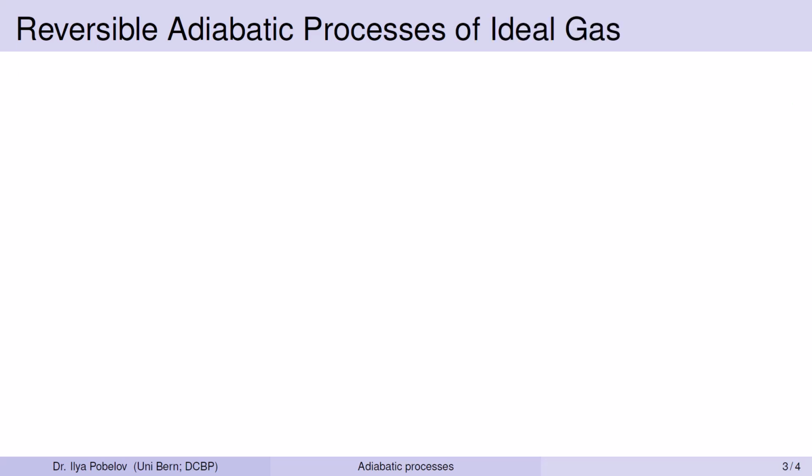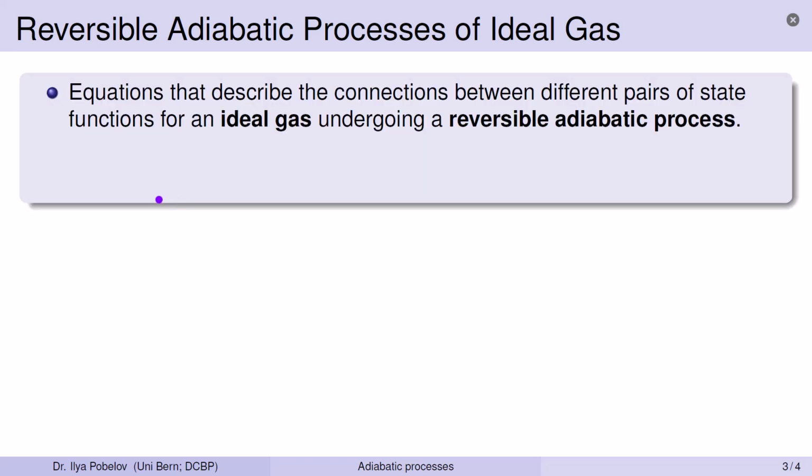When examining reversible adiabatic processes involving ideal gases, some interesting mathematical relationships emerge. With some derivations that we won't consider here, we arrive at equations that describe the connections between different pairs of state functions for an ideal gas undergoing a reversible adiabatic process.